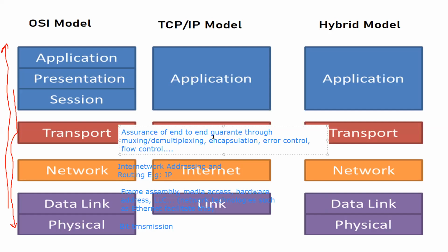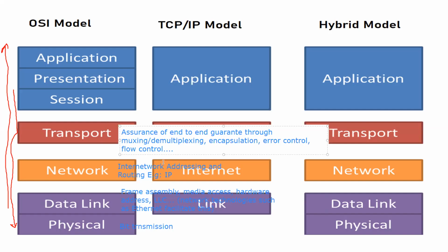Now, once you find the host, in order to find a specific process in that host, you are going to need a port address. Therefore, port addresses are defined at the transport layer.